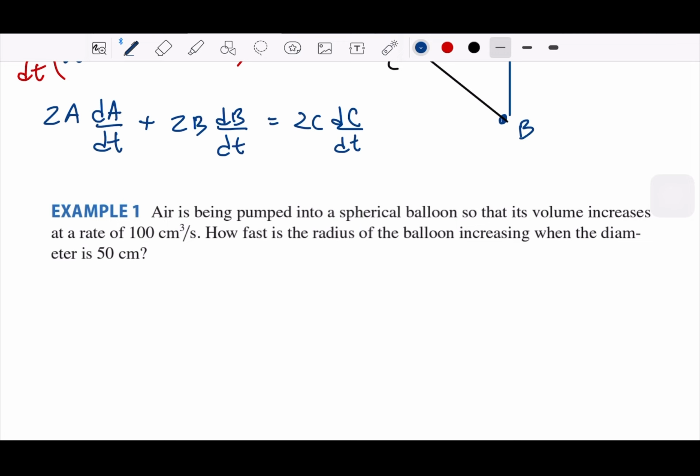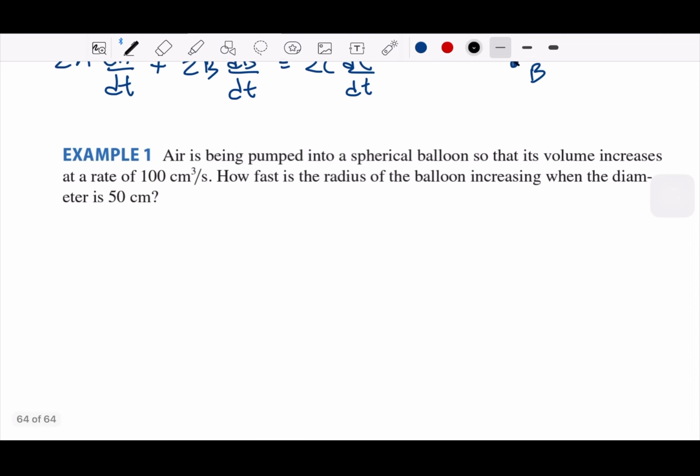So perhaps we are going to see the volume formulation for the sphere, for the balloon. I hope you know what the formula is. Okay. So maybe I will write the balloon.